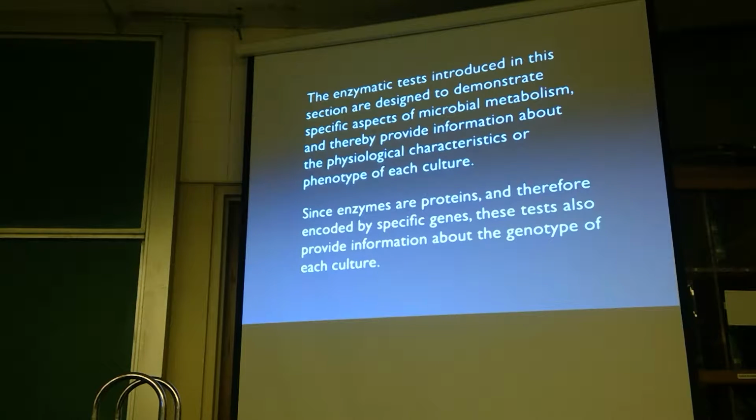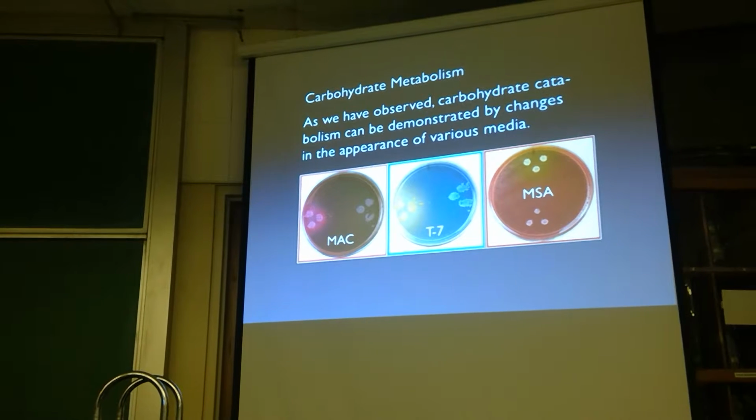Because really, when you look at bacteria, you don't get to see much. I mean, you get to see, are they gram-positive or gram-negative? Can they make a capsule or not? That's part of their phenotype. Do they make endospores or not? But then we start looking at metabolic processes. This tells us more about their physiology. What can they do? And again, all the enzymes are encoded by genes.